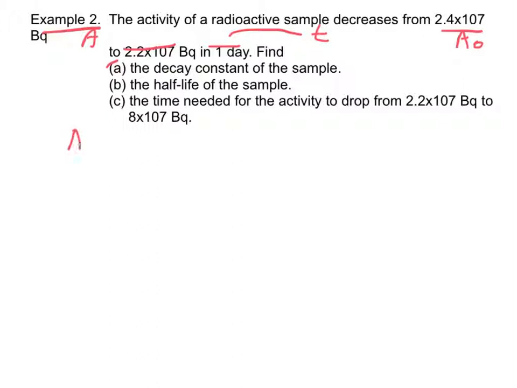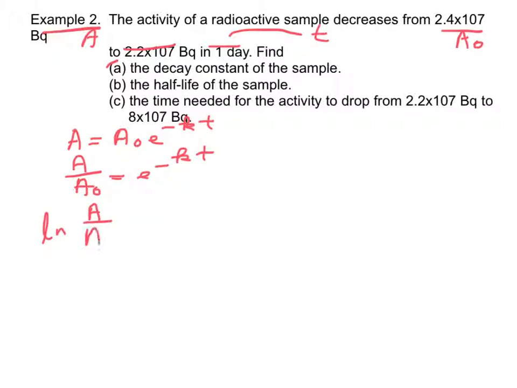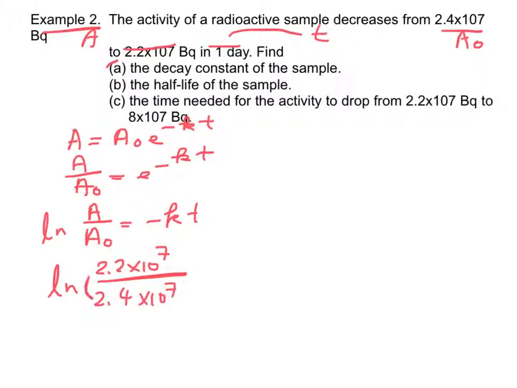Since A equals A naught e to the power negative kt, A over A naught equals e to the power negative kt, we have log A over A naught equal to negative kt. Therefore, log of 2.2 times 10 to the power 7 over 2.4 times 10 to the power 7 equals negative k times 1.